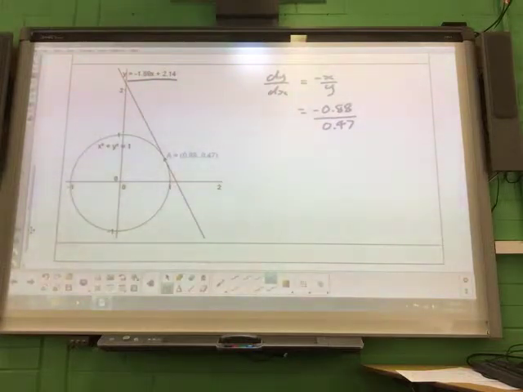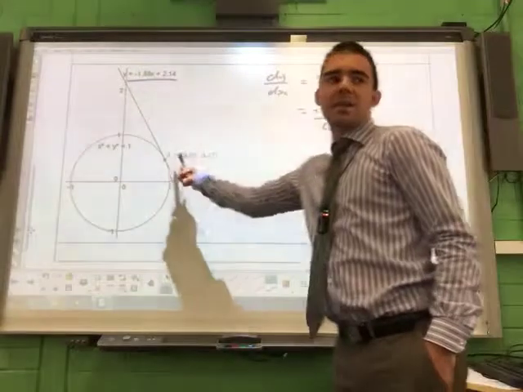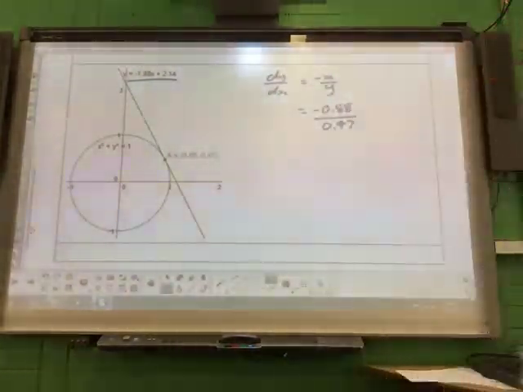It should. Let's verify it though, because this will be rounded. That's a rounded answer, and that's also a rounded answer to two places.